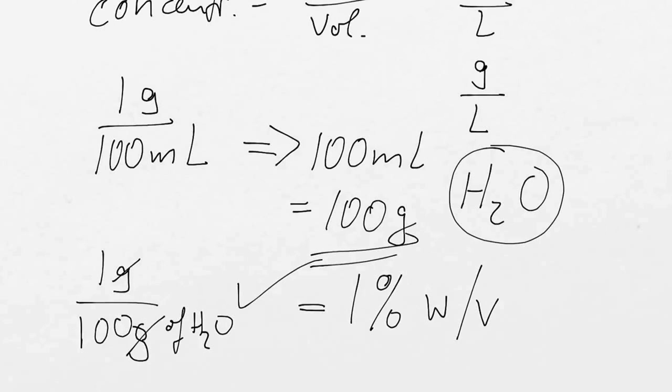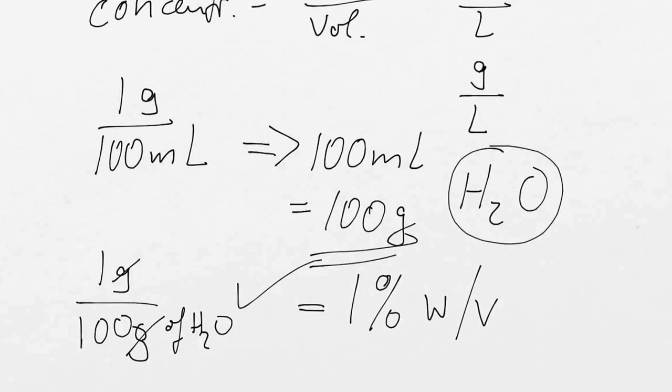And I indicate that with 1% weight per volume, with the implication that this volume is water, where 1 gram weighs 1 milliliter, or 100 gram are 100 milliliter. Yeah? Does that make sense?